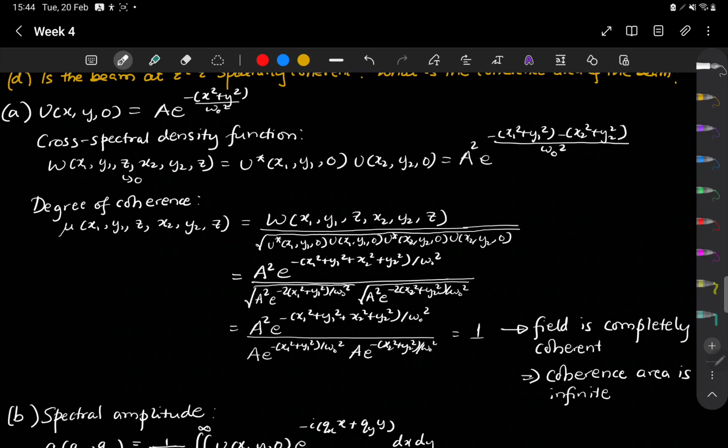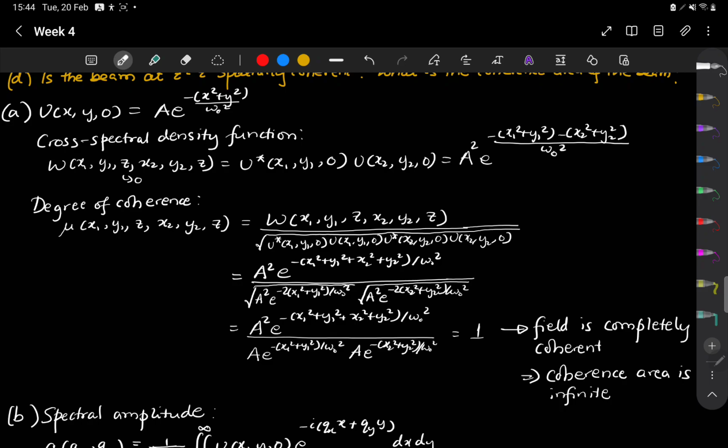Okay, so mu is called the degree of coherence. It basically quantifies the coherence between any two given points in the field. Now, if we take any 2 points in the field, and if they are completely coherent amongst each other, then their degree of coherence is 1.